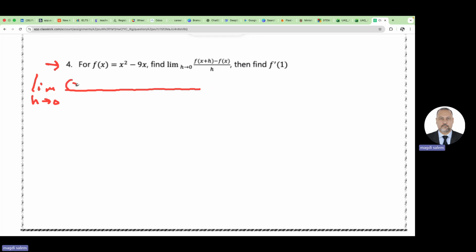So this is (x plus h) squared minus 9 times (x plus h), minus f(x), which is the same: x squared minus 9x, divided by h.